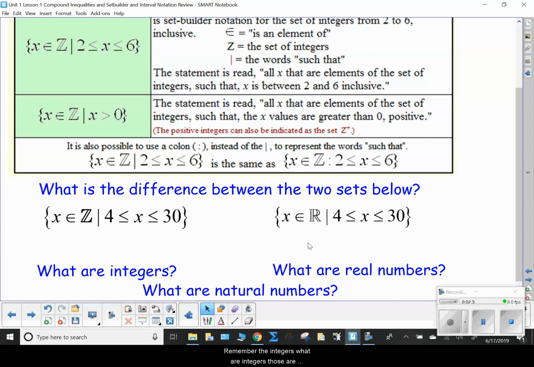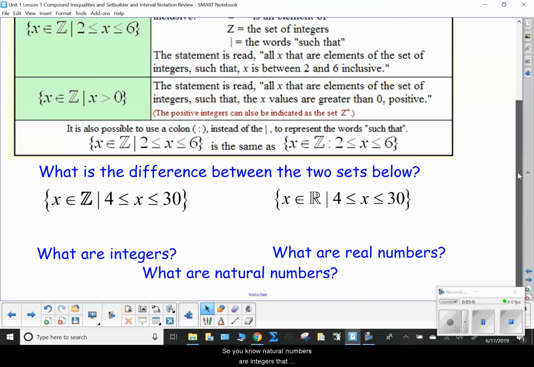Remember that integers, what are integers? Those are numbers that do not contain fractions. They are 4, 5, 6, etc. Real numbers, on the other hand, cover the entire spectrum. It's 4, 4.001, 4.5, 5 3/4, etc. Just so you know, natural numbers are integers that start at 1 and go up.